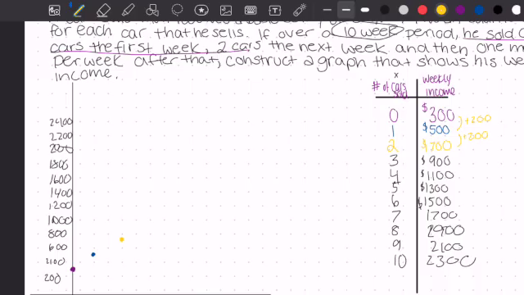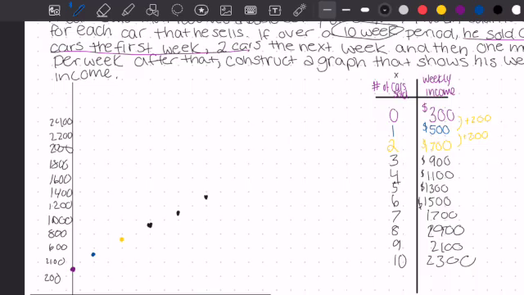When 3 cars are sold, we go to 900. 4 cars are sold, we go to 1,100. 5 cars, 1,300, and so on. You'll start to see that we get this really nice line once it straightens out. That's obviously a little off because my drawing is not perfect, but the idea is there.